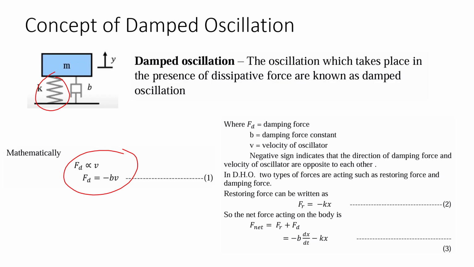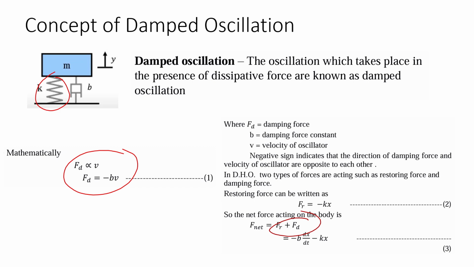But that's not the only force at play. There is a restoring force from the spring, F_r equal to minus kx. It tries to bring the mass back to its original position.